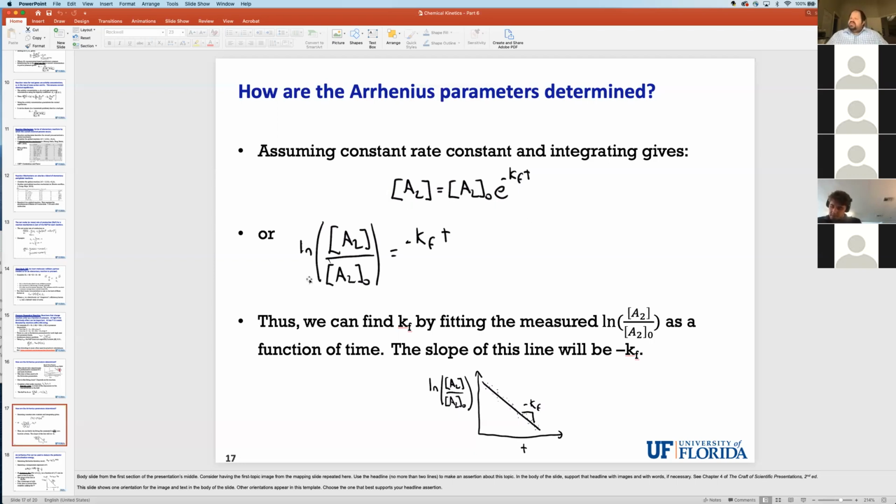So instead, what we can do is we can take the log of both sides and divide both sides by the initial A2 concentration. And by definition, since the reaction is depleting A2, the initial A2 concentration has to be greater than 0.